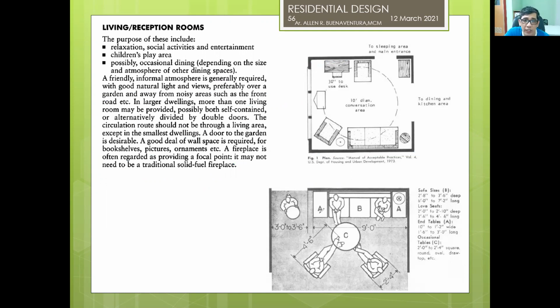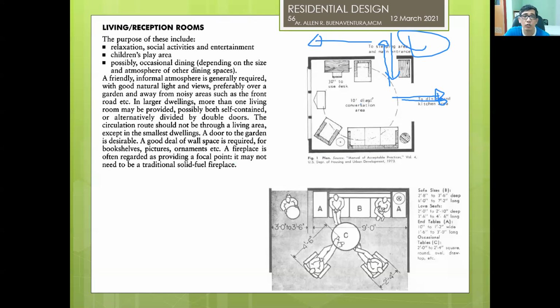As you can see in this drawing, this is a small living space or reception room. If you enter here, this goes to the dining area, these go to the sleeping area, or from the main entrance going inside the living area, this may be a stairs going to the upper part, or this may be the toilet.